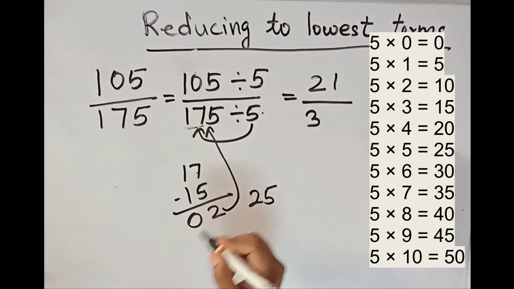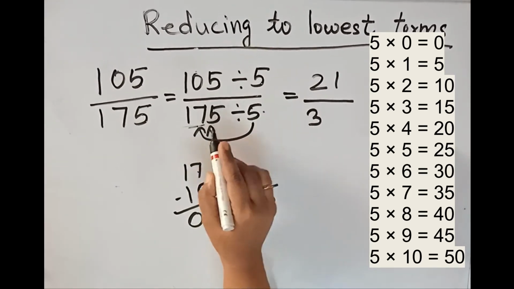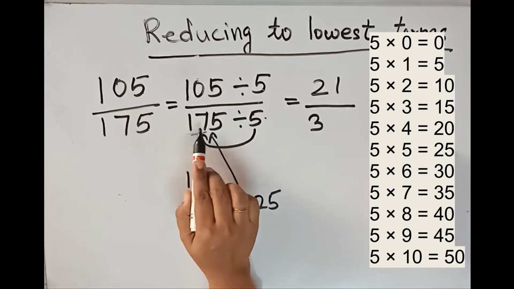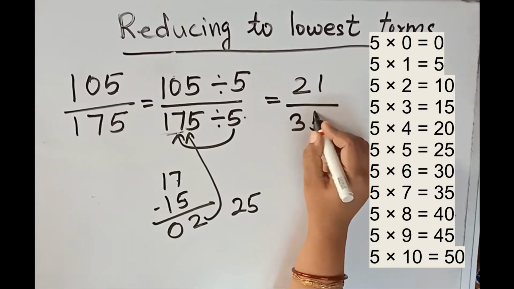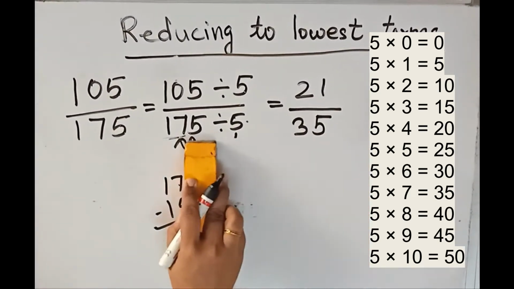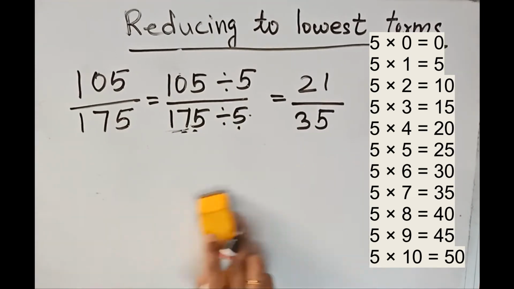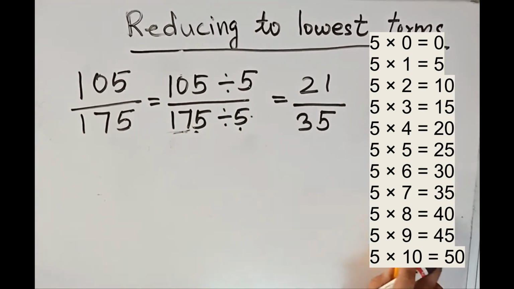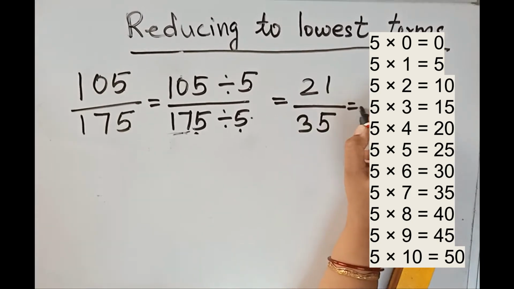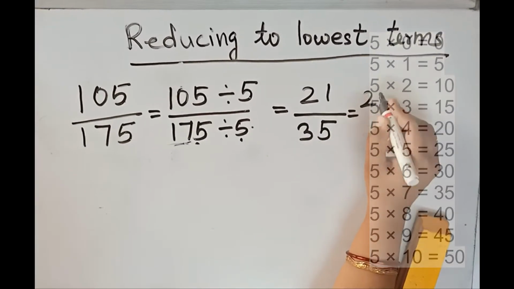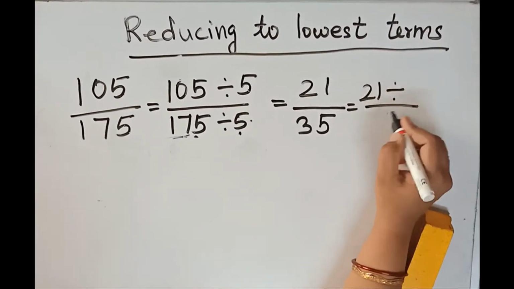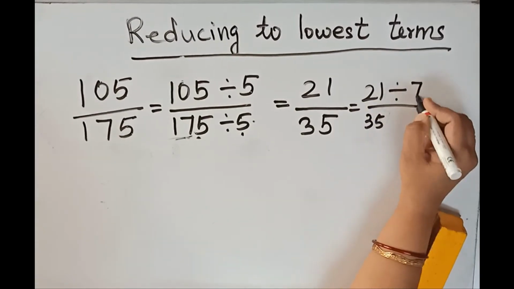So 5 5s are 25, because 2 is the remainder of 17. So now what did we get? 21 by 35. Again we can divide this. 21 and 35, in which table will it come? 7.